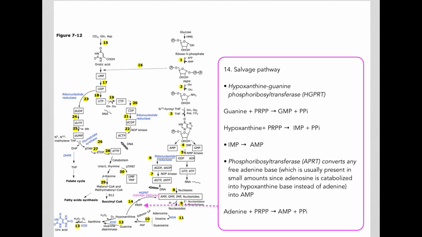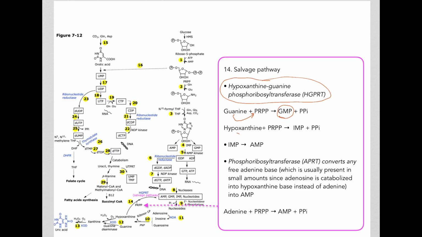Okay, so we have discussed the synthesis of nucleotides as well as the catabolism of nucleotides. Now let's look at this part here called the salvage pathway. In the salvage pathway, there is this enzyme called hypoxanthine guanine phosphoribosyl transferase, or HGPRT, and this enzyme can react the nucleobase guanine with PRPP to give you a nucleotide, GMP.